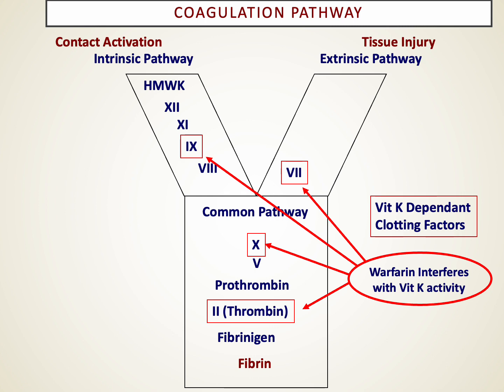So when we think of warfarin, for example, and we'll talk about this in a little bit, we'll think about warfarin interfering with these 4 clotting factors and the synthesis of these clotting factors.